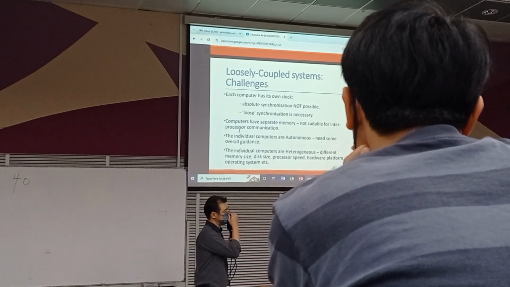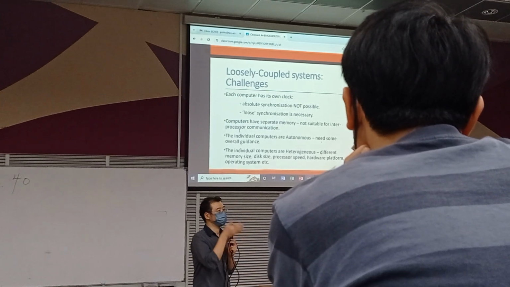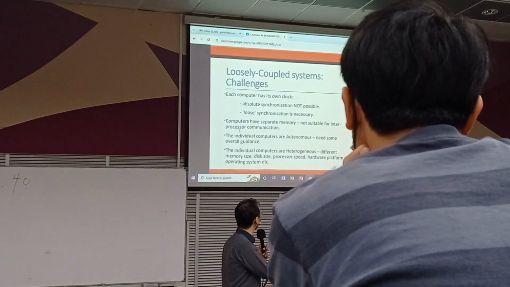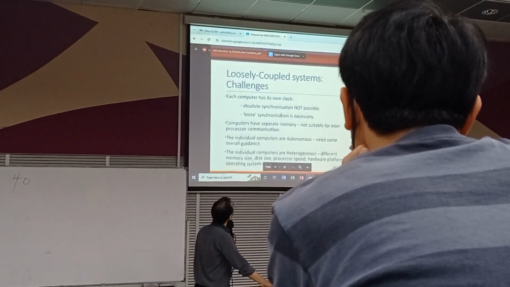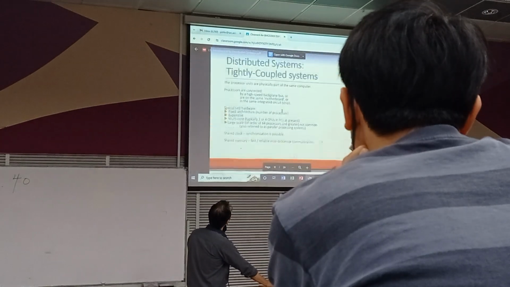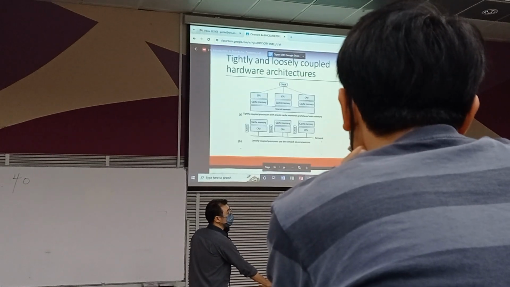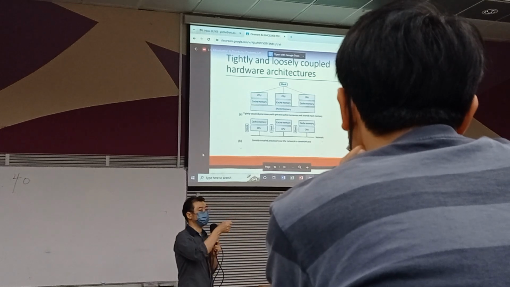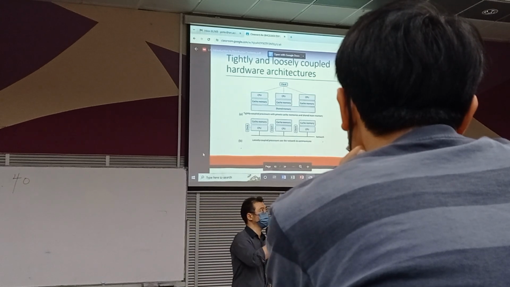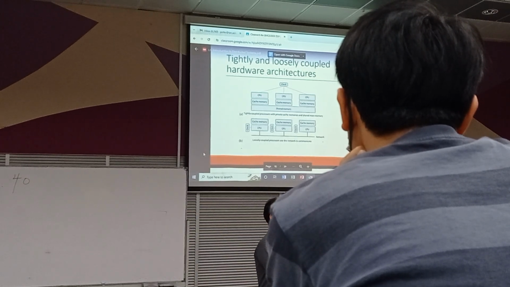Whereas in a tightly coupled system, there's no problem, because every processor is synchronized using one clock. In a distributed system, if you see this graph here, everybody has their own clock. So the timing is important, because every time you withdraw your money, you see your slip, and there's a time there when you retrieved it.